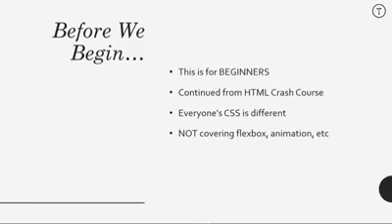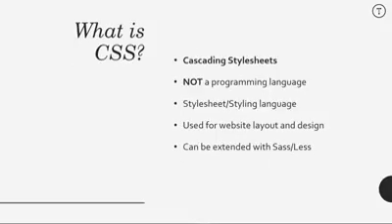Alright, and I will be doing an advanced CSS3 video very soon, and that'll include things like animations and transitions, all the pseudo elements, things like that. Alright, so we can't cover everything in this guide. This is a crash course, but I will be covering the most essential and useful parts of CSS.